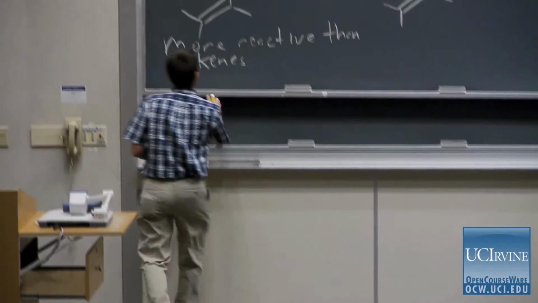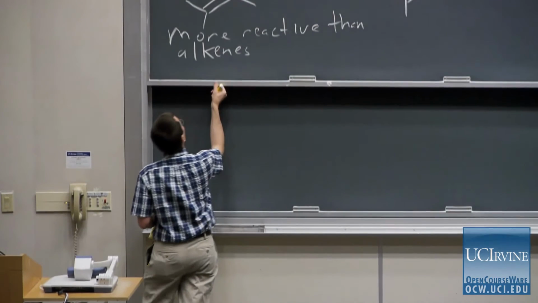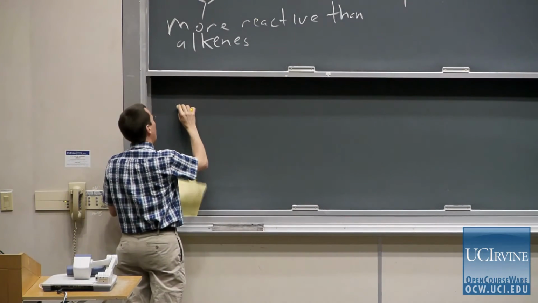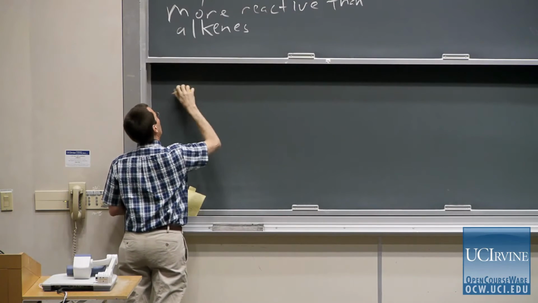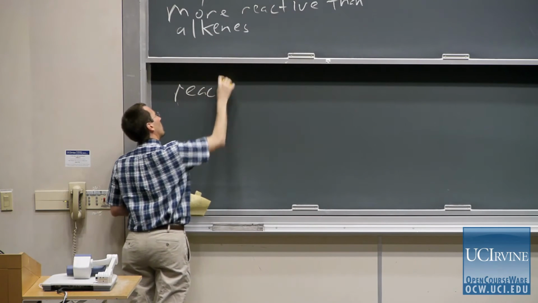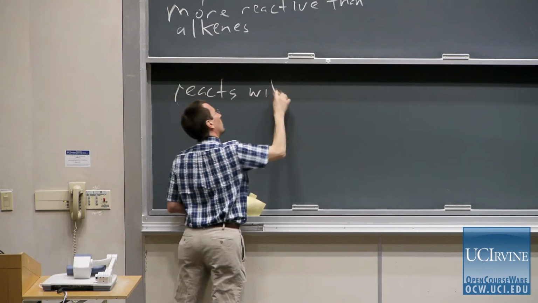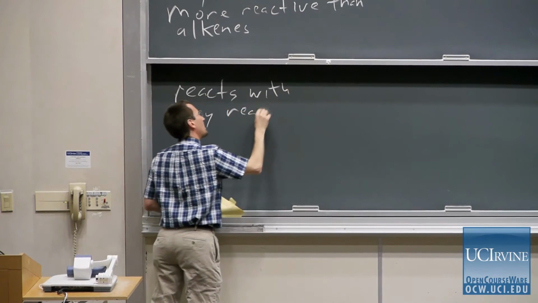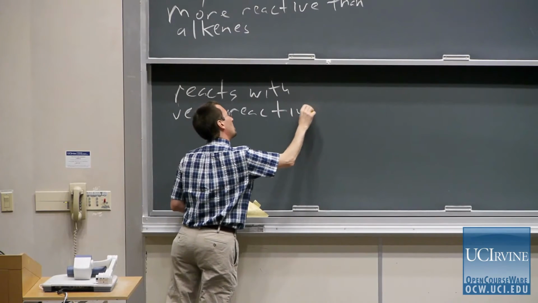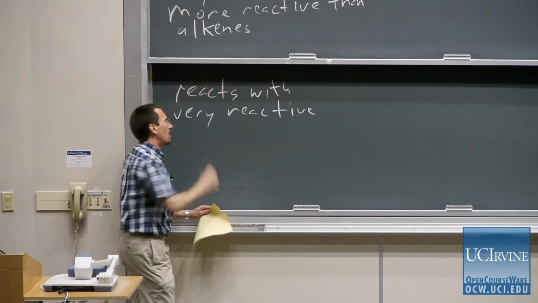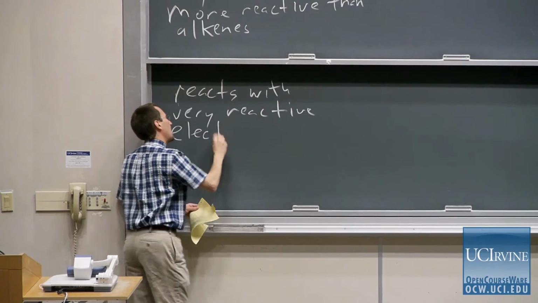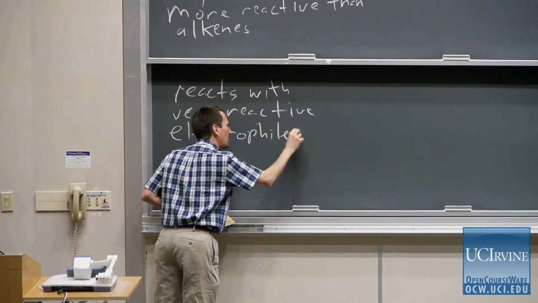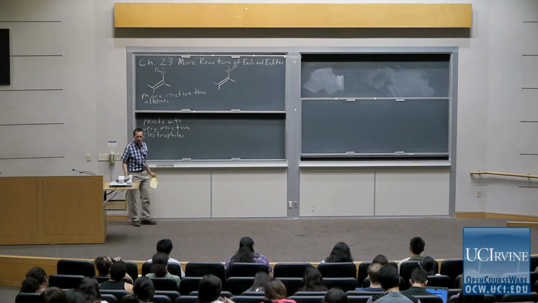So if I wanted to characterize an enol, I'd say it reacts with very reactive electrophiles. But again, that's a relative term, in the sense that alkenes require even more reactive electrophiles to react.